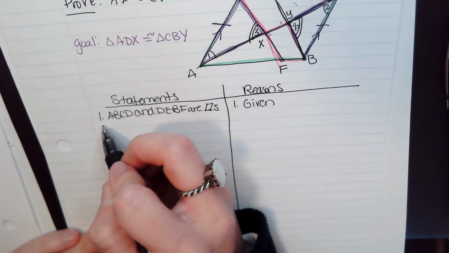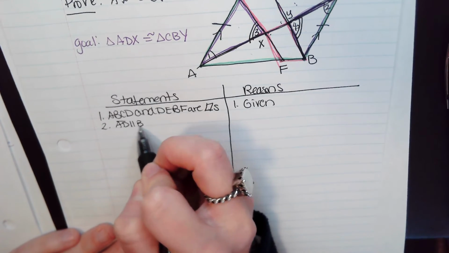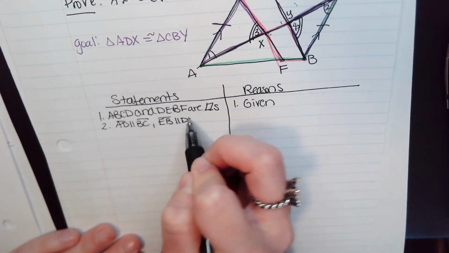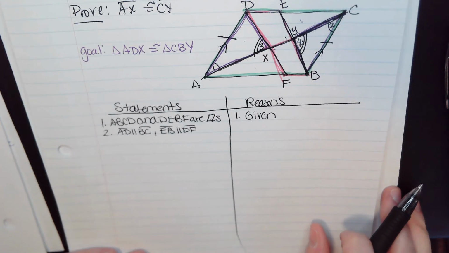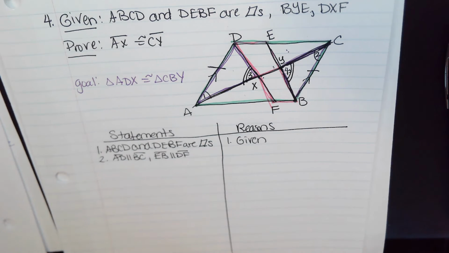All right, so if you write it out, again, I'll just write out the statement. Segment AD parallel to segment BC, segment EB parallel to segment DF. In a parallelogram, opposite sides are parallel. Actually, you know what? I don't want you guys to just copy this. So I'm going to have you guys write it out now that we've kind of discussed how to do it.